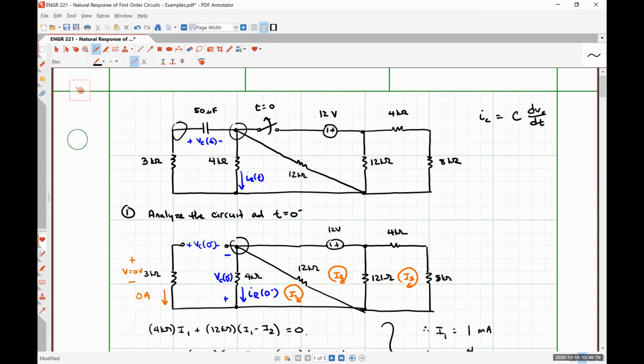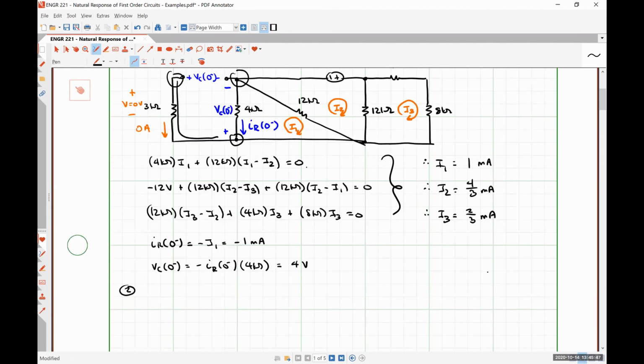The positive polarity terminal is associated with this node over here, but because there's no voltage drop, we can transfer it to over here. We know the voltage drop over the 3 kilo ohm resistor is 0, so the positive polarity terminal of our capacitor voltage can just slide down along that, because the 3 kilo ohm resistor is effectively behaving as a short circuit or not even there.